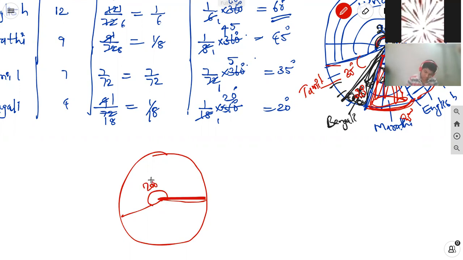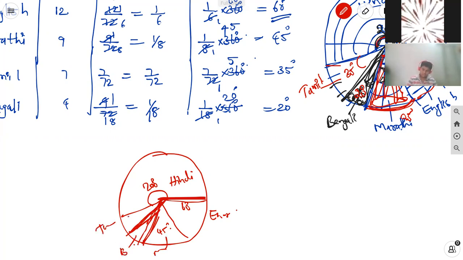It's 200 degrees for Hindi. It's 60 degrees for English. 45 degrees is Marathi. It's Bengali. This is Tamil.